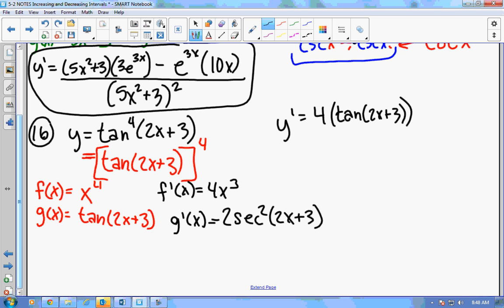Now don't forget that this f prime had a cubed, times g prime. 2 secant squared of 2x plus 3. Because it's chain rule, again. The derivative of 2x plus 3 becomes 2.